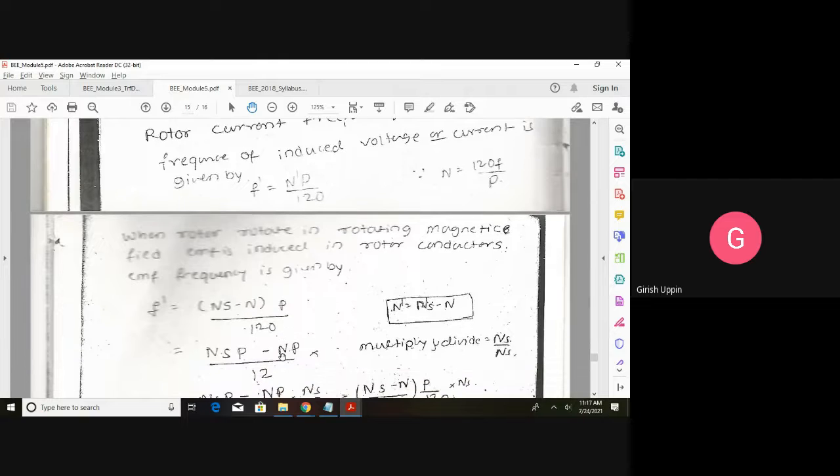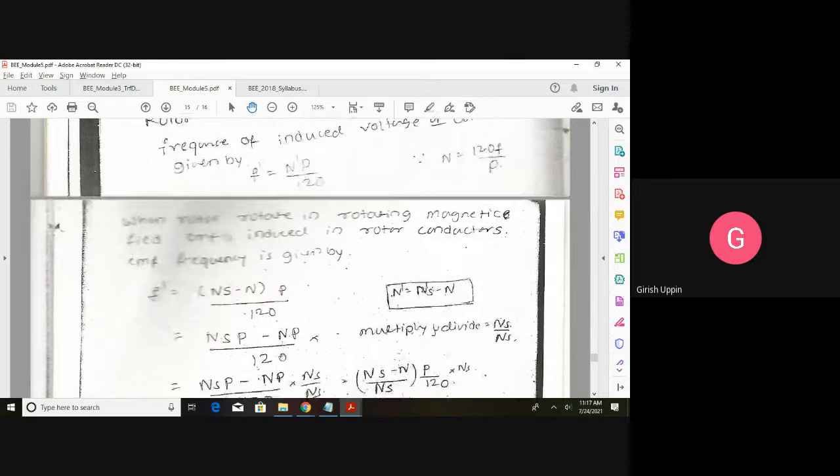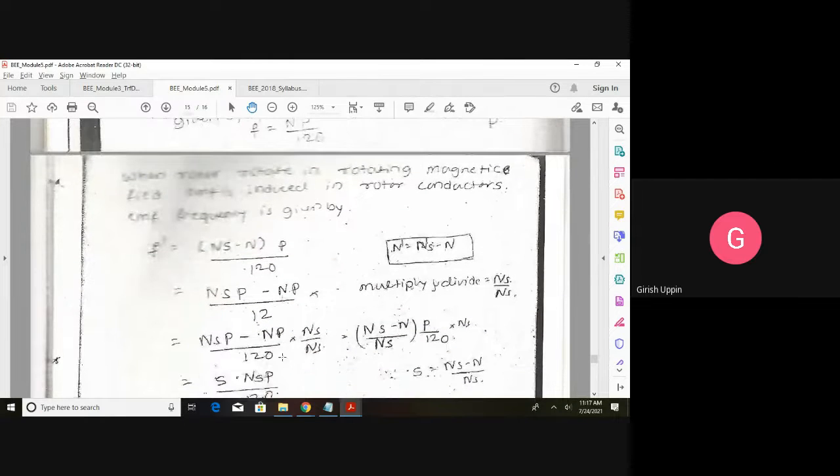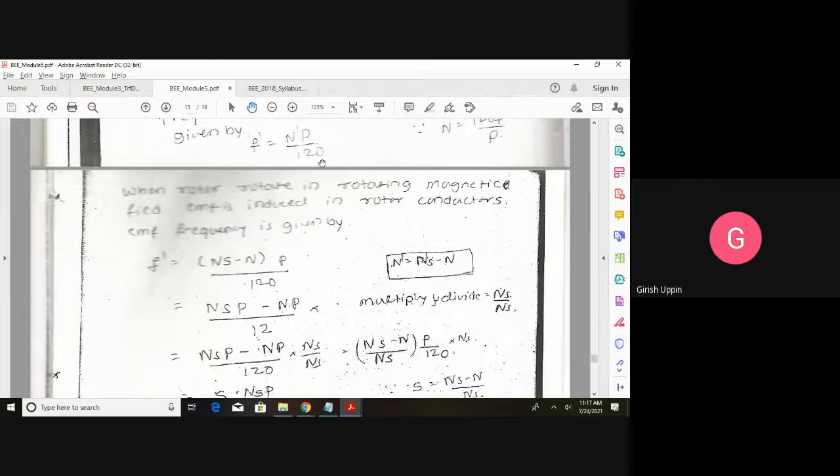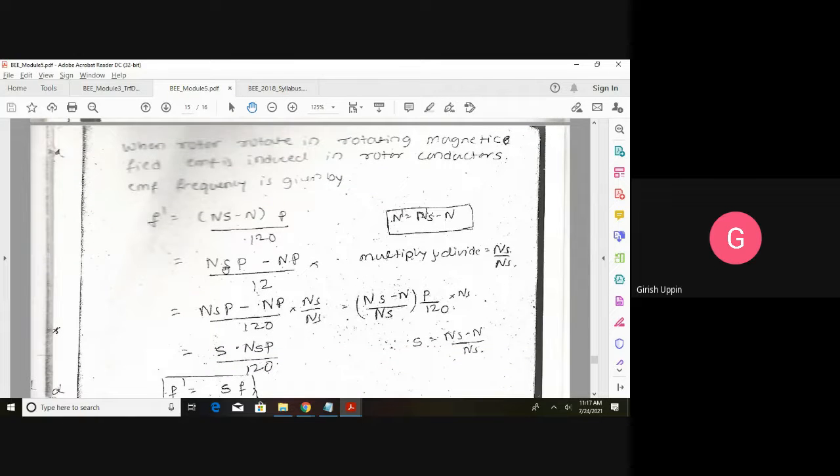When the rotor is in a rotating magnetic field, EMF is induced in the rotor conductor. The EMF frequency is given by f' is equal to N'P by 120. N' is (Ns minus N) into P divided by 120.